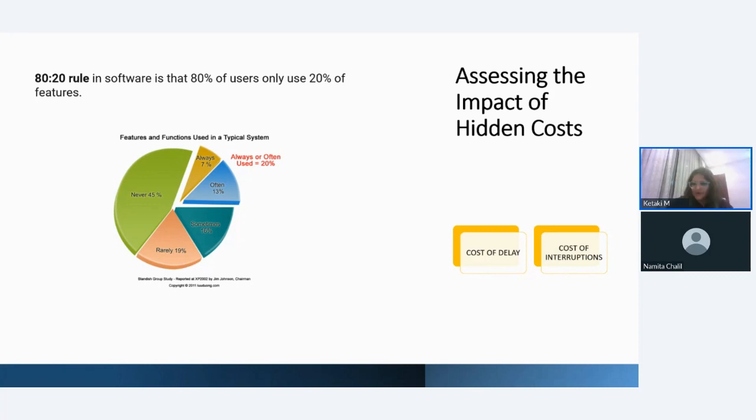You could have homegrown calculations to determine the cost of delay. It is very difficult to calculate, however, but easily communicated. And you could really minimize this hidden cost fairly easily.